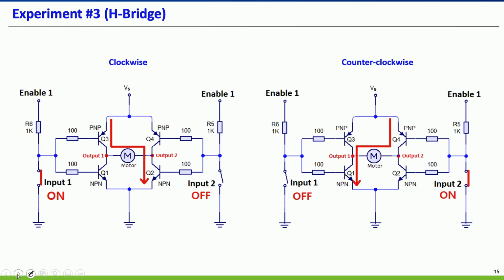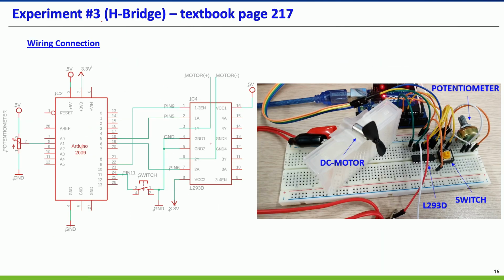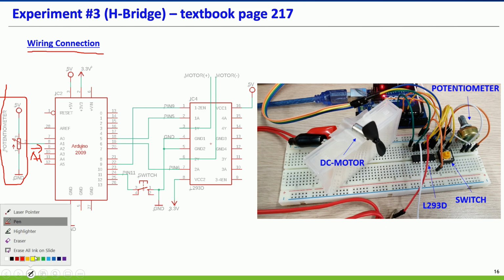For the H-bridge experiment, this is the wiring connection, and we still require the potentiometer, which gives input to A1. Here I changed the color, and this one is the Arduino chip.